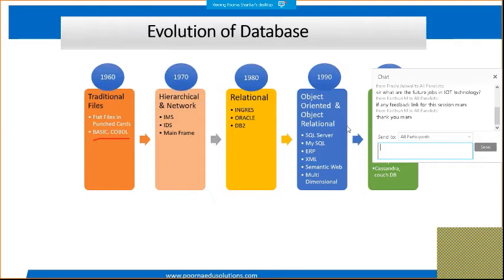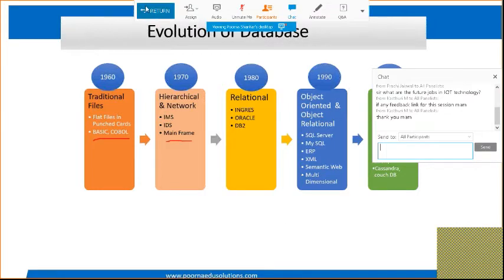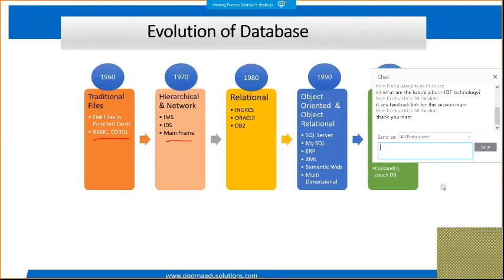I think I talked about this evolution: we had flat files created using basic Fortran and COBOL, then the information management system took place, mainframe computers came, then Oracle, Ingres and DB2 in the 1980s.